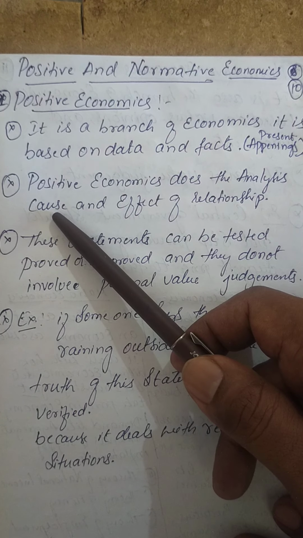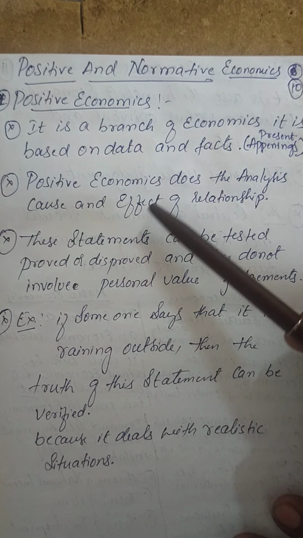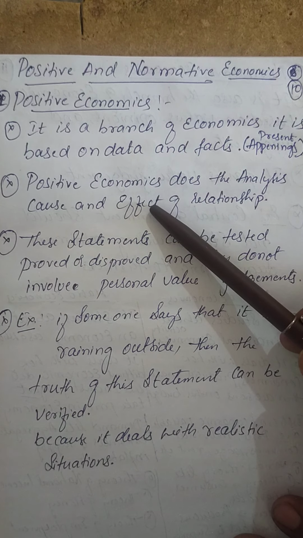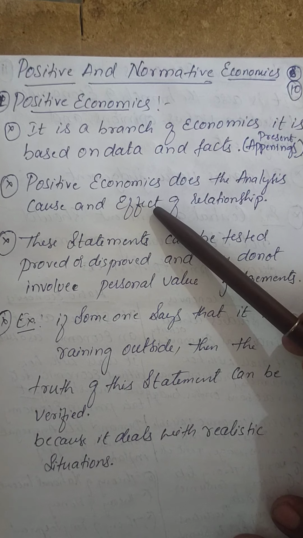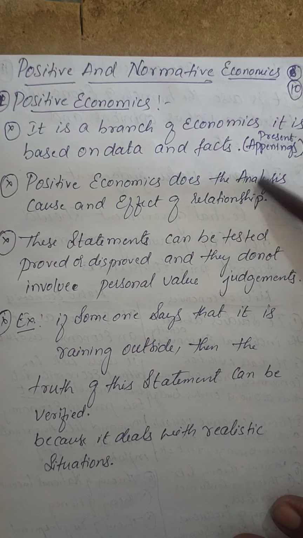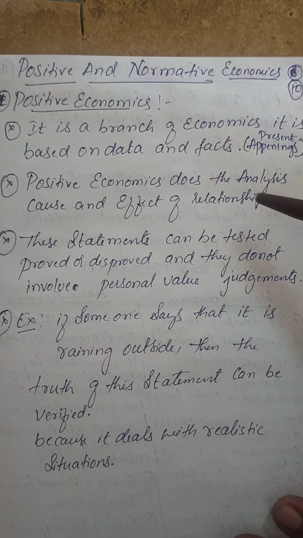You have completely reverted to your parents, so this was never expected. And what are its effects? It affects their lifestyle. They will change their lifestyle, or it might affect their health. So it is very particular in the relationship. So positive economics deals with this.